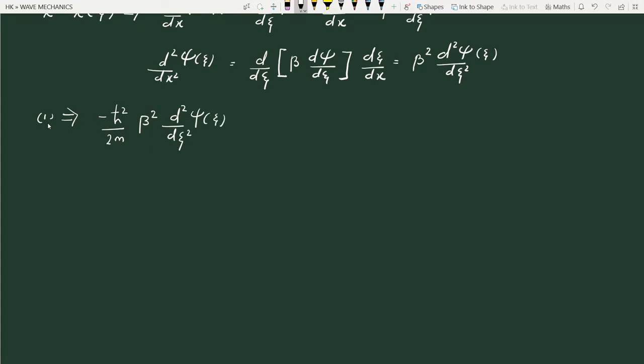So it's now a function of theta. There is one more term, the potential energy term: plus half m omega square x square. Instead of x square I can write theta square by beta square, since theta equals beta x, so x is theta by beta.